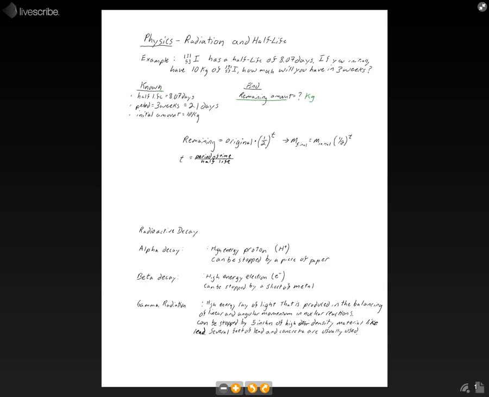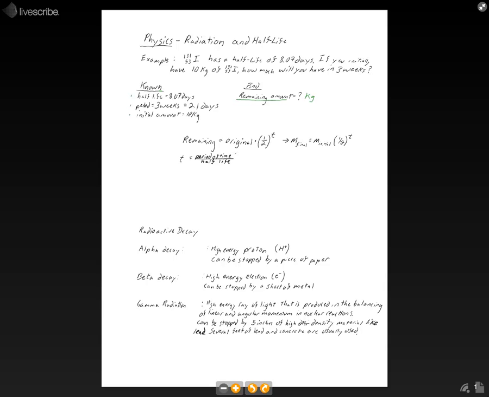So the basic formula for half-life, or calculating how much you have left, is your remaining material equals your original amount of material times 1/2 to the T. And this T is basically the period of time over the half-life.